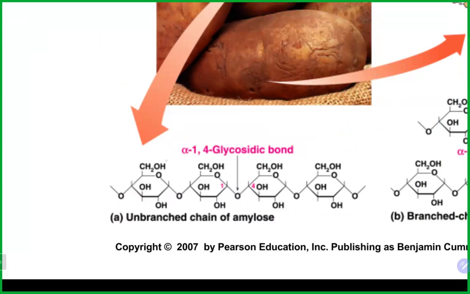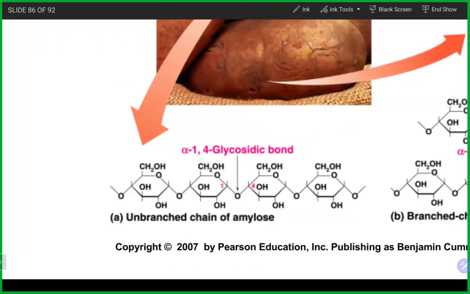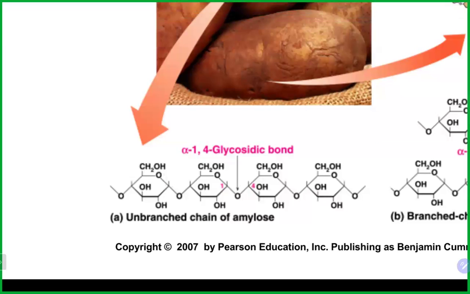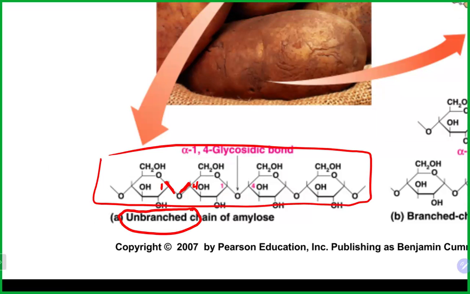If we look at the bond, just like we were talking about before, they are held together by that alpha 1,4 glycosidic bond. Again, as I talked about, it kind of looks like it's going downward. And that would be carbon 1 of that guy and carbon 4 of that guy, making that an alpha 1,4 glycosidic bond. Now, amylose is unbranched, which means it's just a straight chain of those guys continuously repeating.